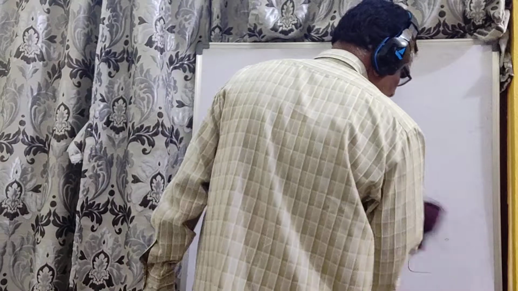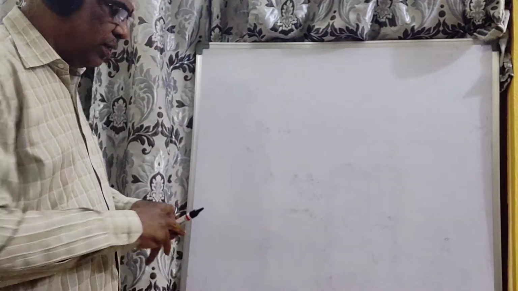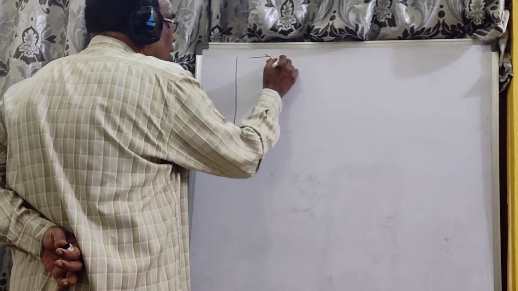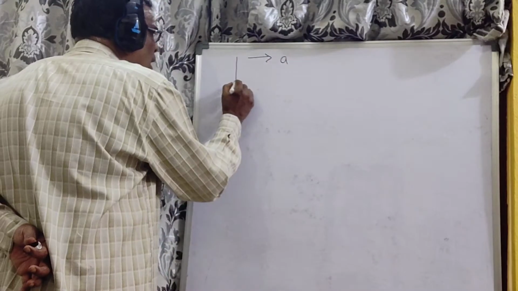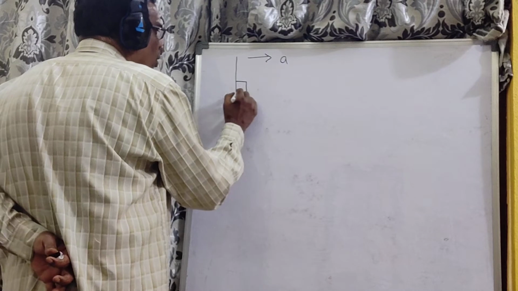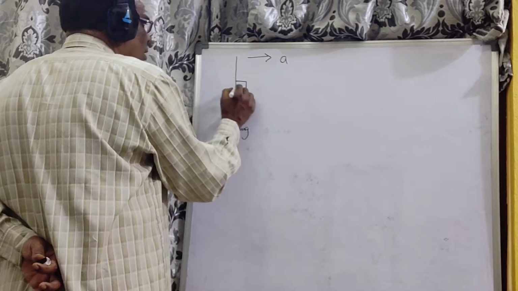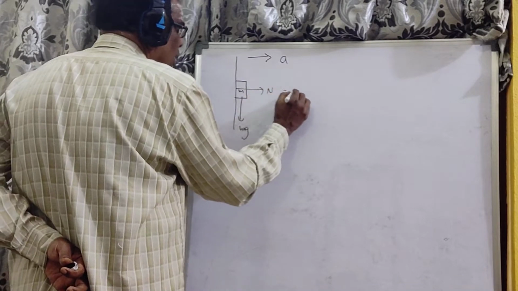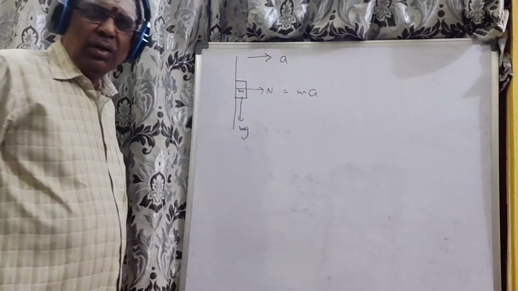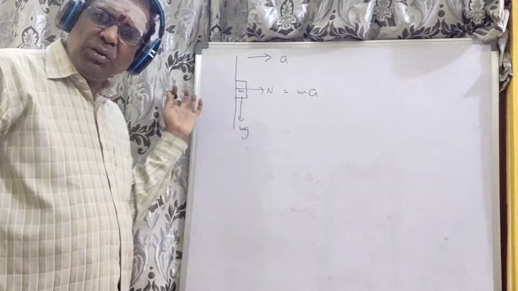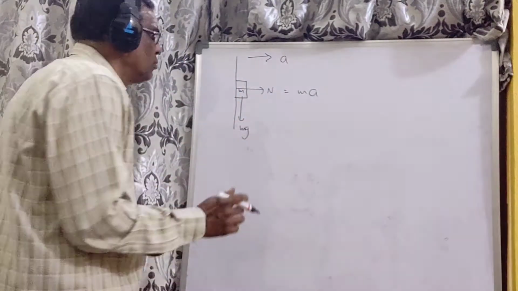Now, we worked on a fixed surface. Suppose it is accelerating with A, and I am placing a body of mass m, with weight mg. Then N is obviously equal to ma, or pseudo force ma, whichever way you want you can do.